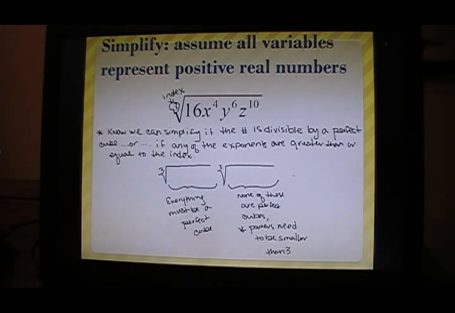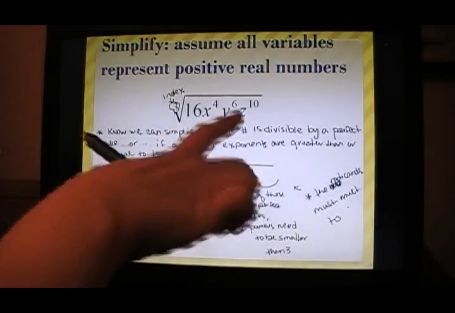And the last thing is, whatever I put underneath, it has to be that the radicands must multiply to our original radicand.